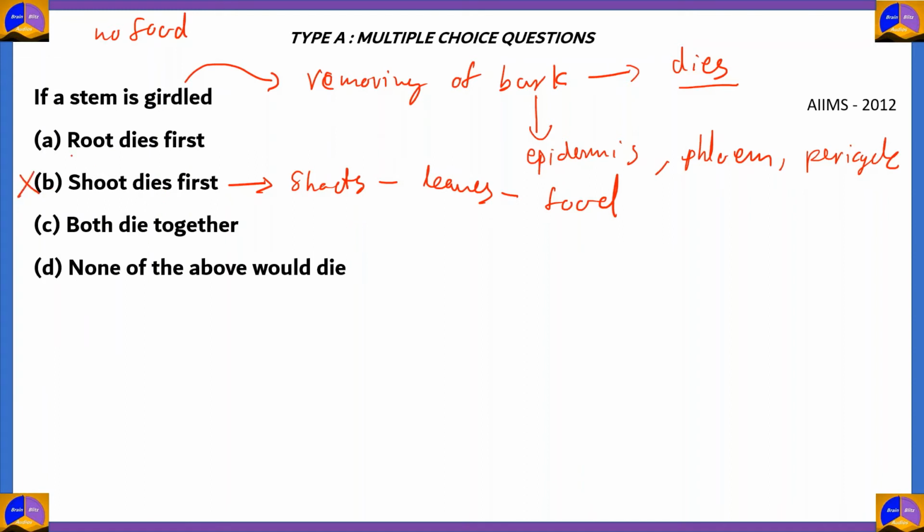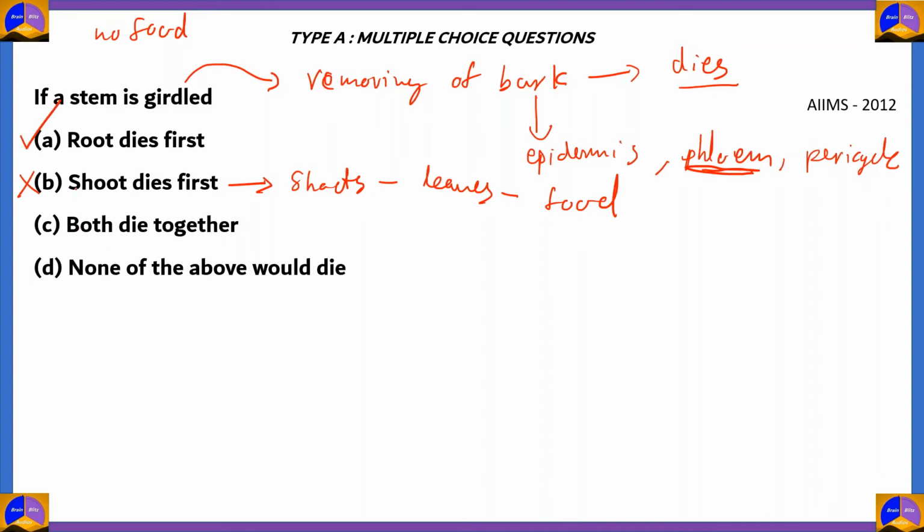What about option A? Root dies first. See, when a stem is girdled, the bark is removed. So the phloem is also removed. So the first effect of girdling happens at the roots because the roots do not get enough food from the leaves due to lack of phloem at the site. So option A is correct.